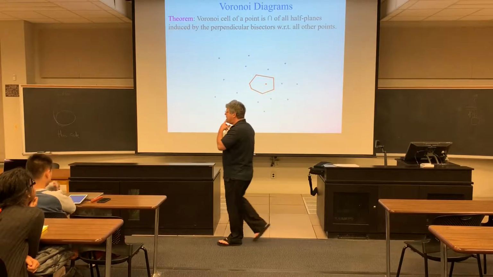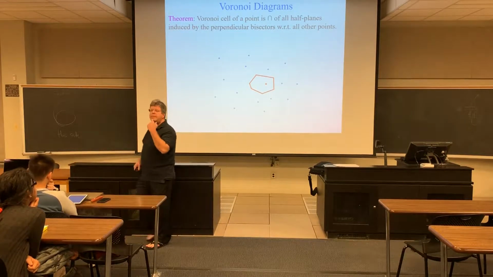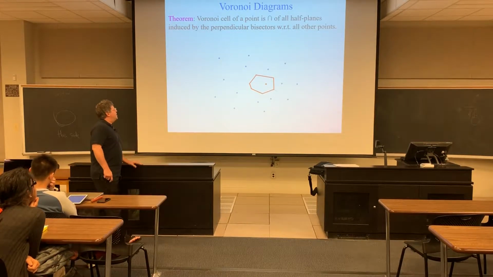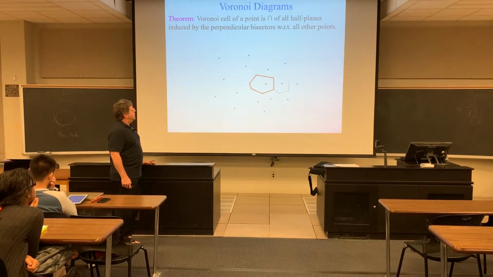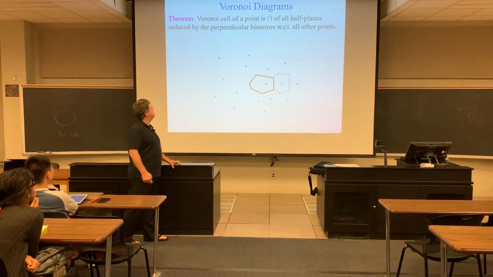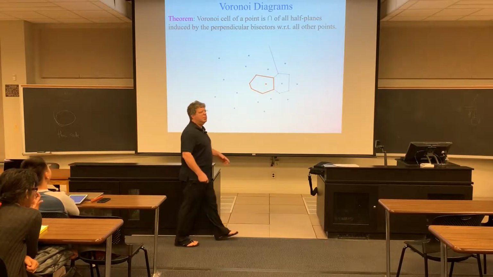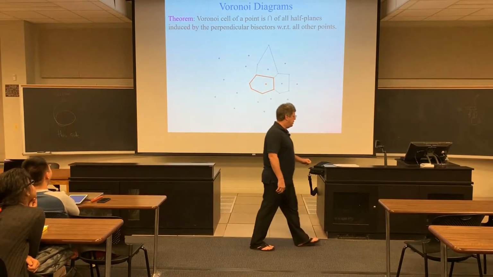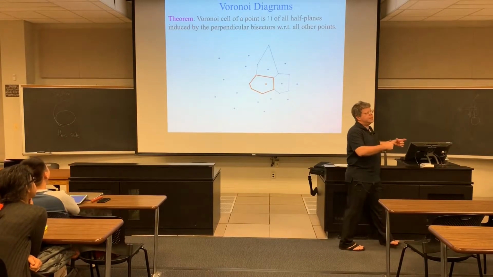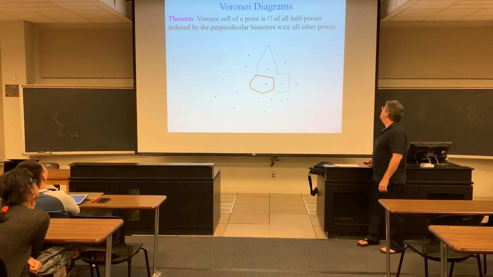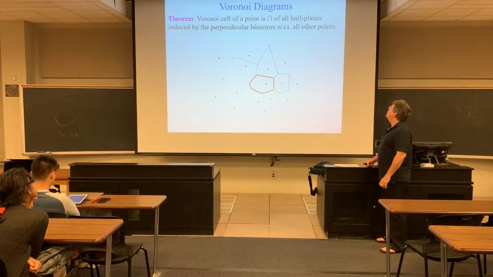Now, the question is how fast that is, and it's not very fast. But you can do it for one point, and then for another point, and then for a third point, and you build up all these cells, each one being a convex polygon associated with its seed point. And once you do that, you get the entire Voronoi diagram.